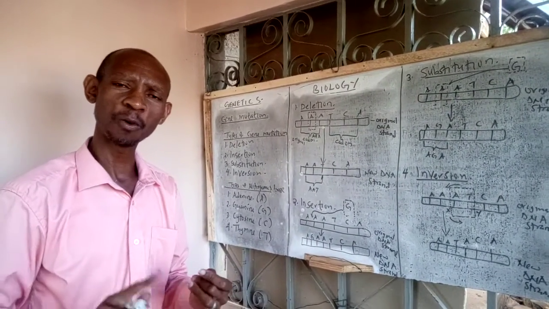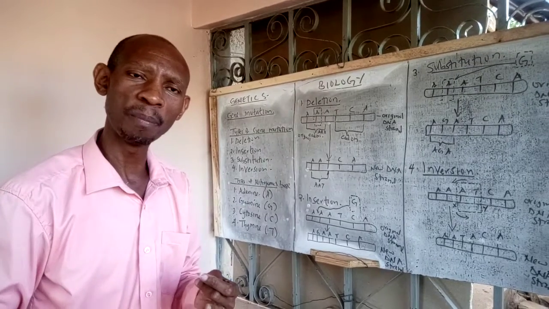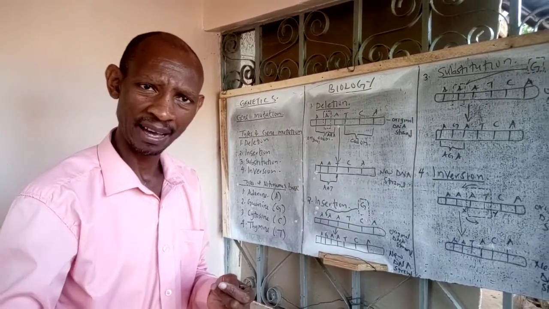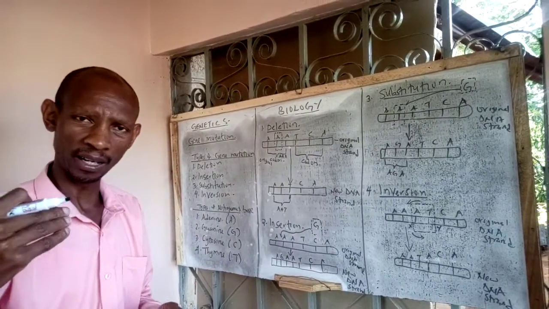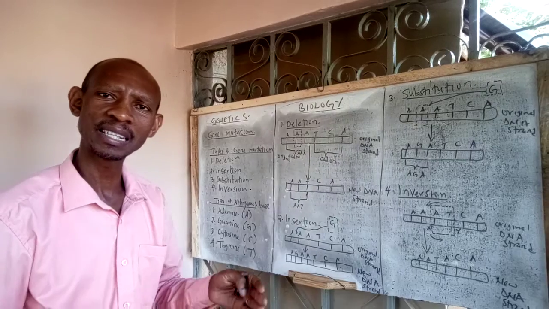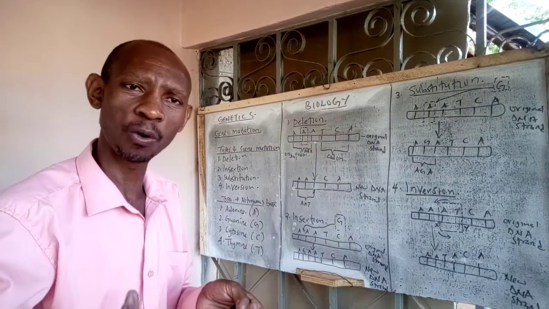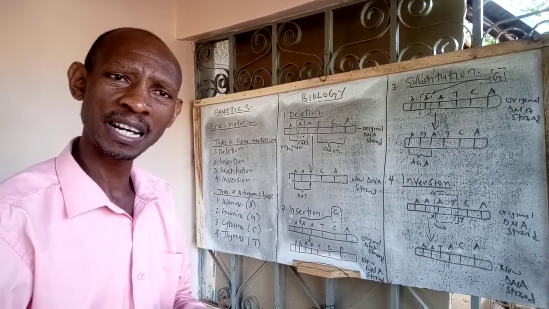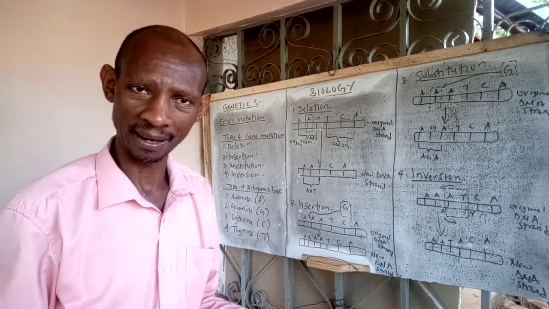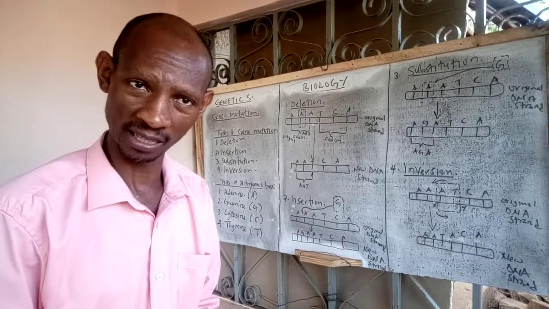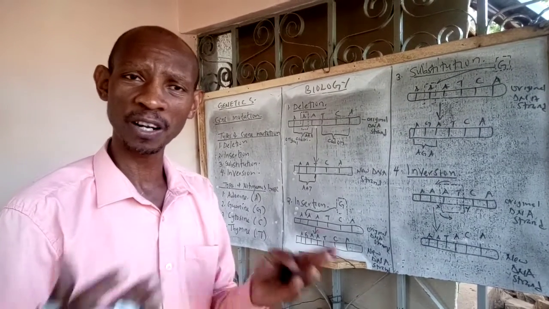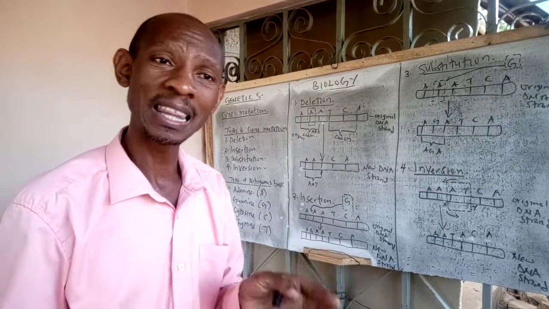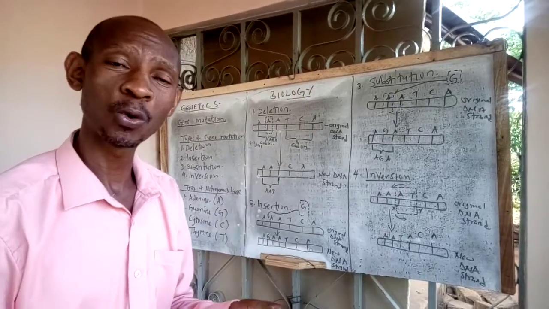It means that the information which is in the DNA will be taken by the RNA, that is the messenger ribonucleic acid. And once it is taken to where the ribosome is, where the synthesis of amino acid takes place, it means that different amino acids will be combined contrary to the original amino acids, and therefore it results to the formation of a different protein, which will translate into different characteristics.